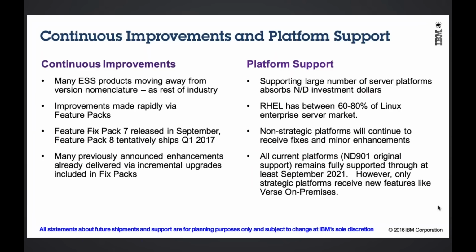What this means is that any new offerings that we release into market will probably only be supported on Red Hat Linux, Windows, AIX, iSeries, and that's about it. But what that does mean is all current platforms, which is Notes Domino 901, will remain fully supported through 2021 on their current platforms.